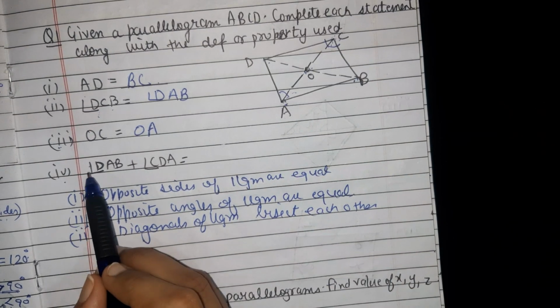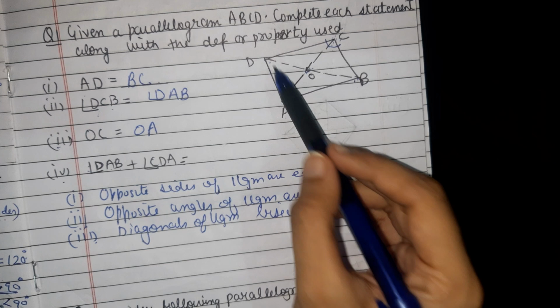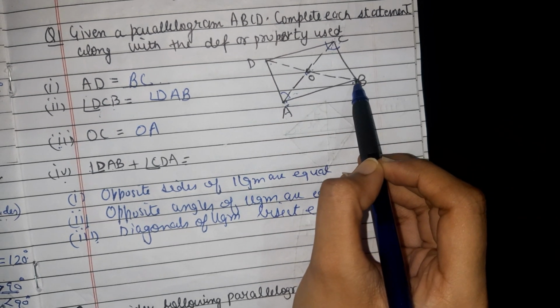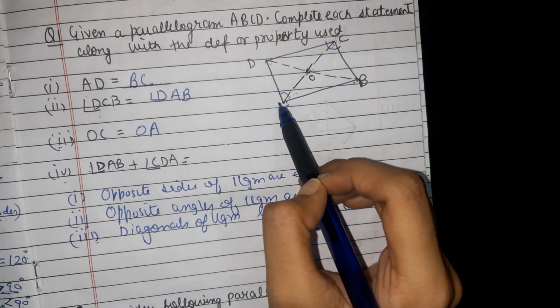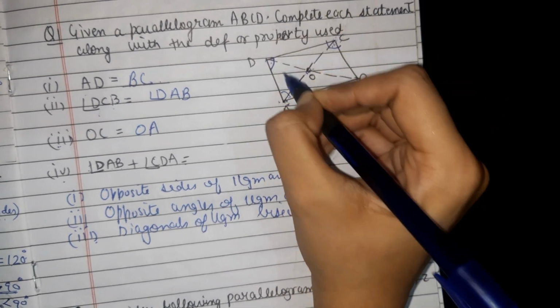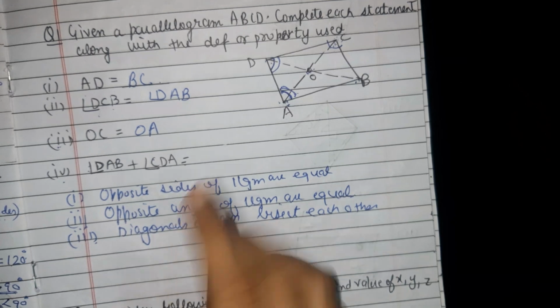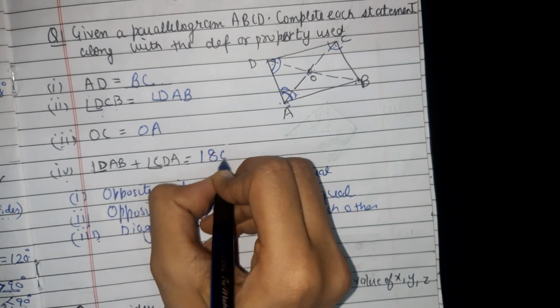And the last part is angle DAB plus angle CDA. That is, this angle plus this angle, they both add up to 180 degrees.